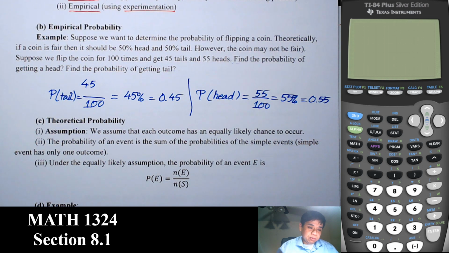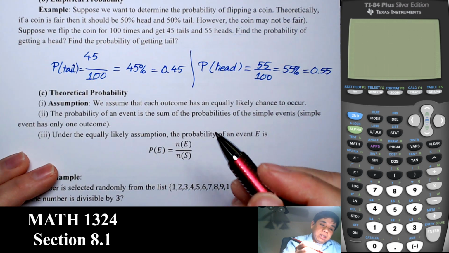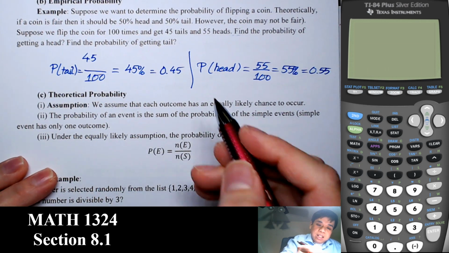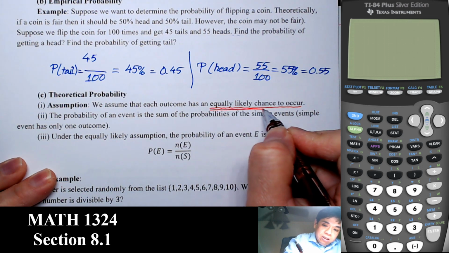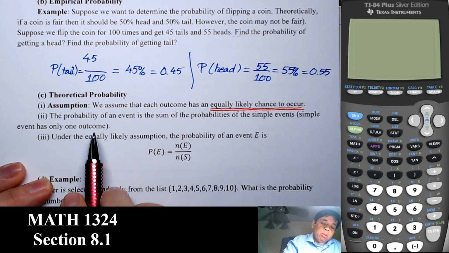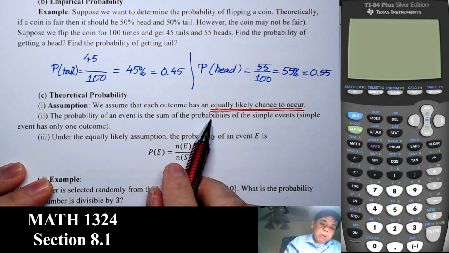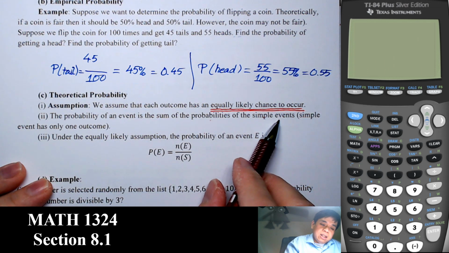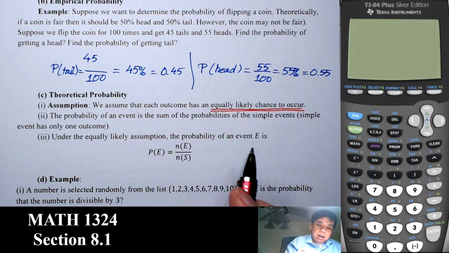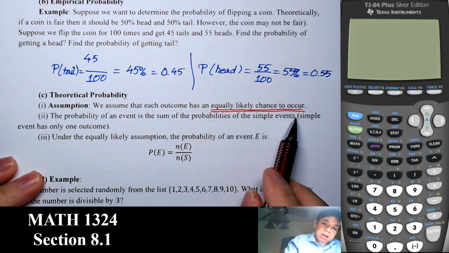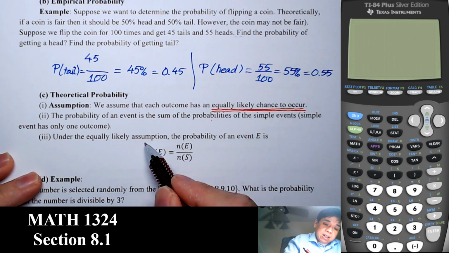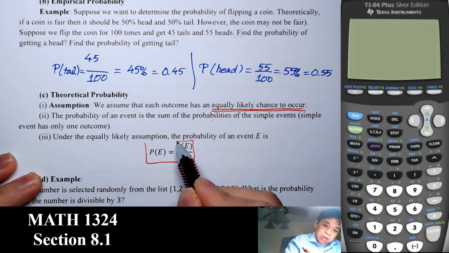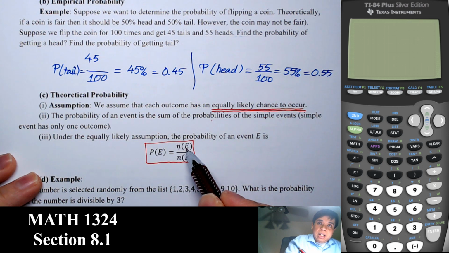In theory though, theoretical probability, first we assume that it is equally likely outcomes. That is a very important assumption. The probability of an event is the sum of the probabilities of the simplest events. Pretty much, the number of outcomes in an event over the number of outcomes in the sample space.